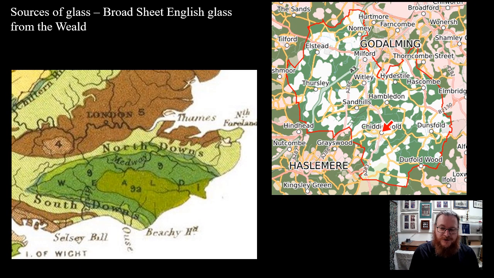Now we did make some glass in medieval England, but not very much of it, and the quality appears to have been a little bit dubious. The centre of English window glass production appears to have been the Weald in the southeast of England, particularly the area surrounding the village of Chiddingfold in Surrey, just on the border between Surrey and Sussex, right in the heart of the Weald.